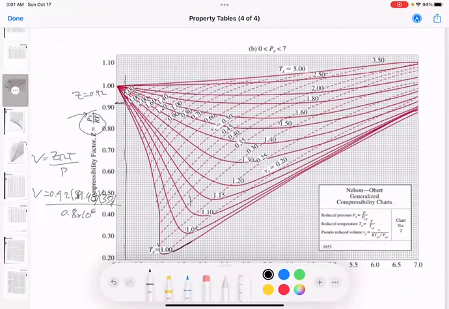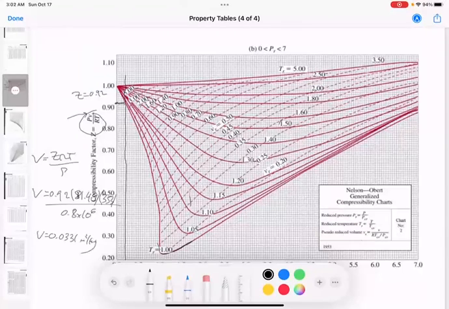And if we calculate this, we should get 0.0331 meters cubed per kilogram.